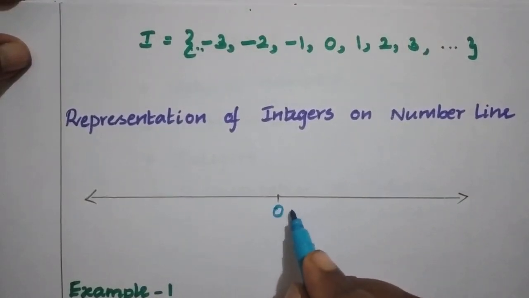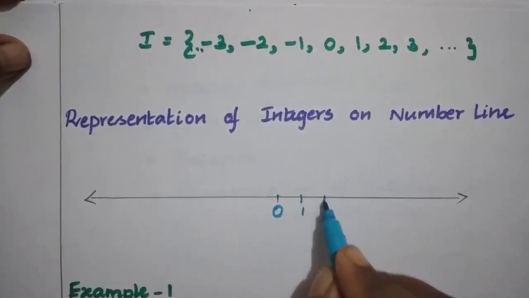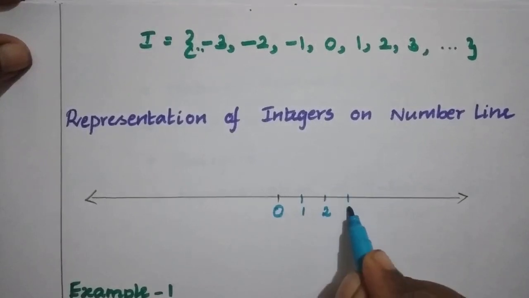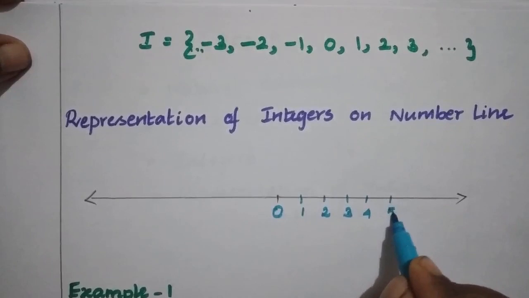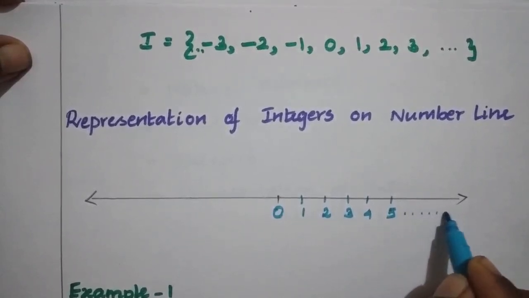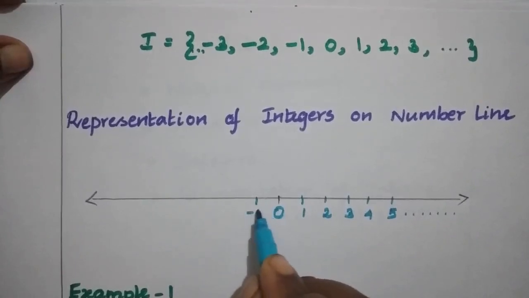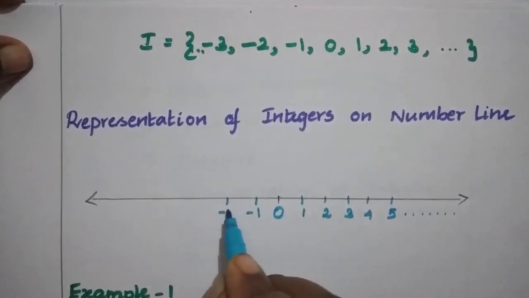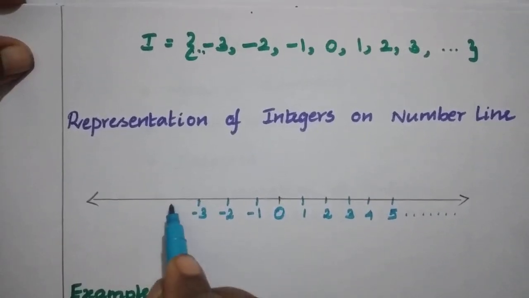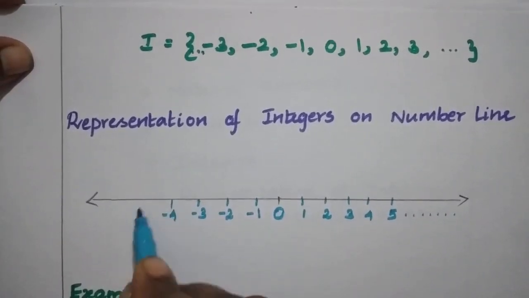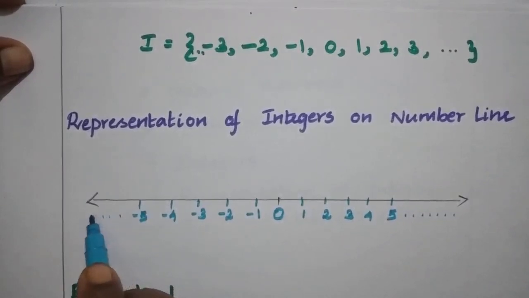The numbers to the right of 0 are 1, 2, 3, 4, 5 and so on. The numbers to the left of 0 are -1, -2, -3, -4, -5 and so on.